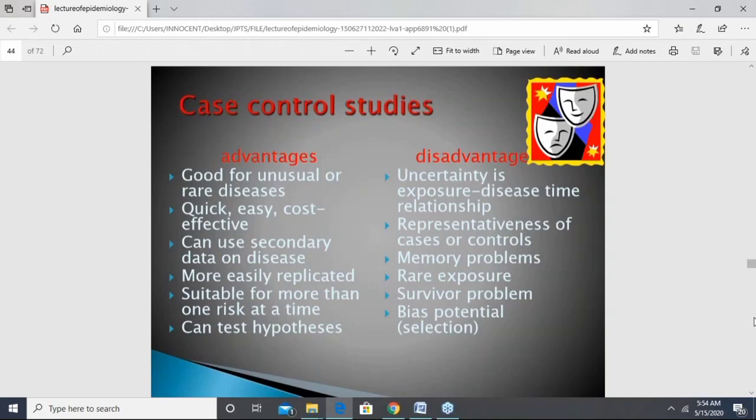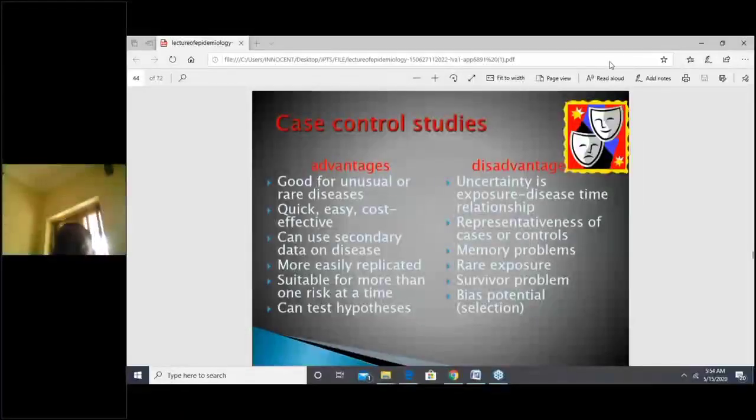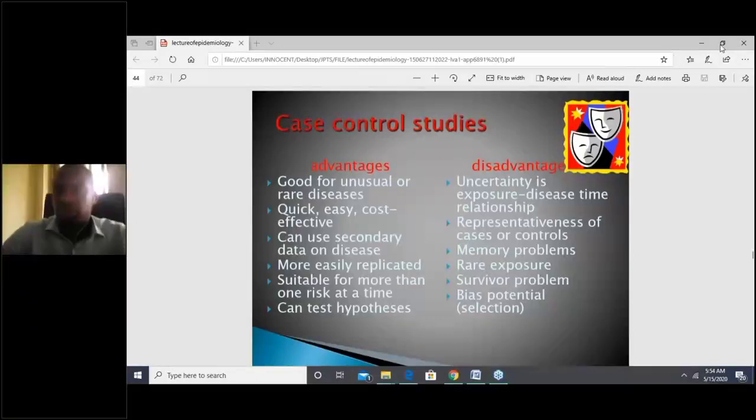Number 6, bias potential. There's a great likelihood that during the evaluation somebody can wrongly be biased. When somebody is biased, he's influencing the outcome of the result based on what he feels. Let's give an example.